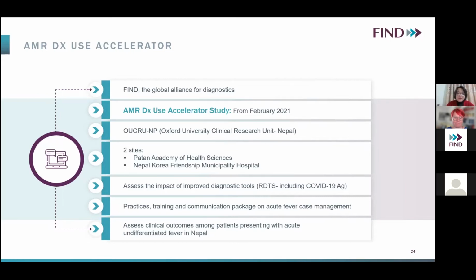This study, we all know, assesses the impact of the improved RDTs, and this includes the COVID diagnostics as well. And it also looks at the practices, training, and communication packages on fever management, and also the clinical outcomes among the patients that present with fever.